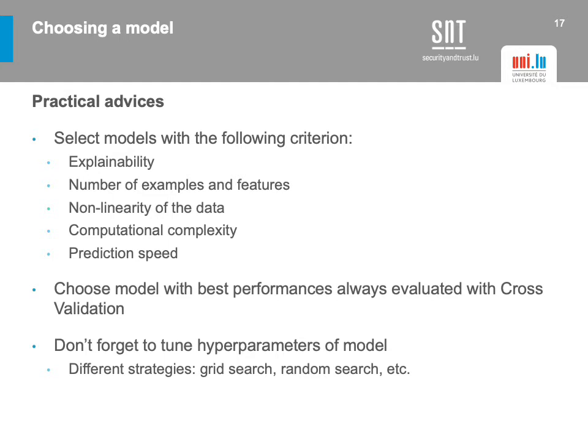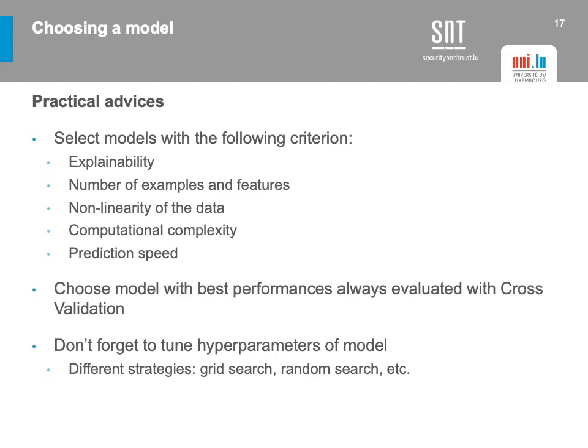And also don't forget to tune the hyperparameters of your model. We have seen what a hyperparameter is. For example, we took the depth of the decision tree. If you just take a specific default value of your machine learning library, well, there is no definitive answer on that.